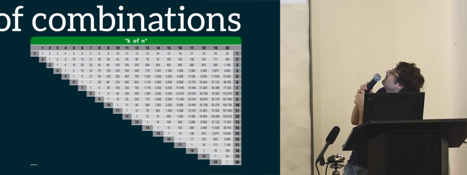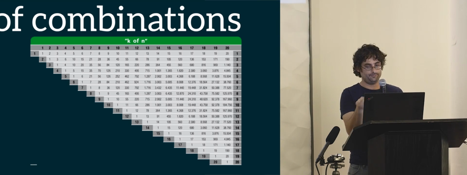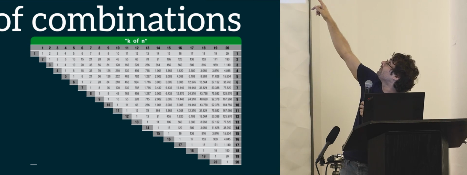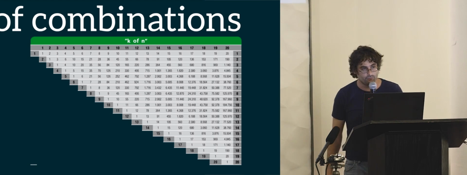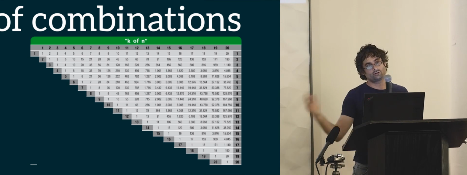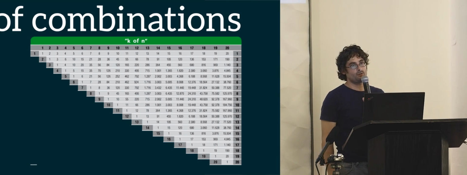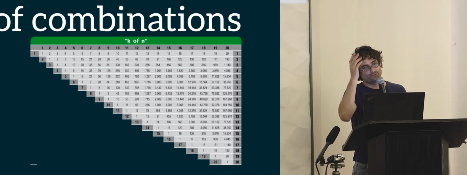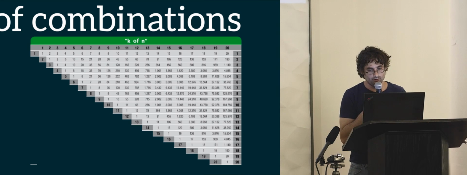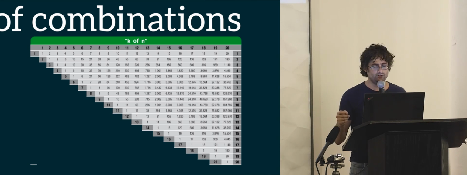I don't know whether you can read the numbers of how many combinations exist. So for example, the worst case is a 10 out of 20, which has 184,000 combinations. So I would construct a Merkle tree with 184,000 leaves, each of which is the sum of 10 public keys out of 20, add them together, work all the way up to compute the hash of the root, which would in this case be 26 levels.